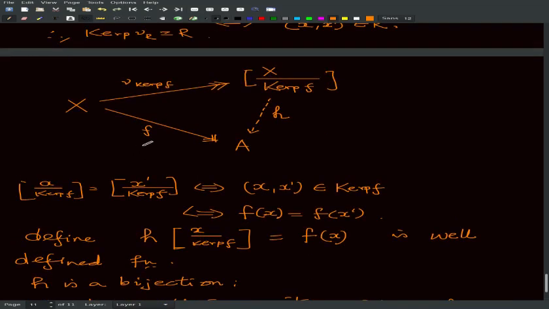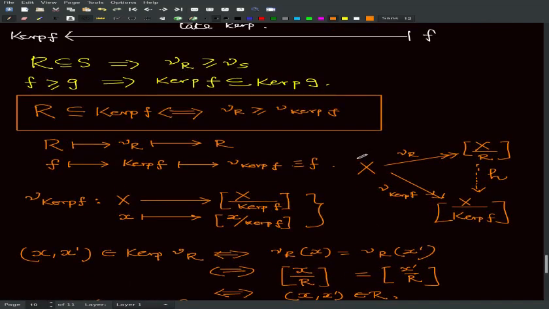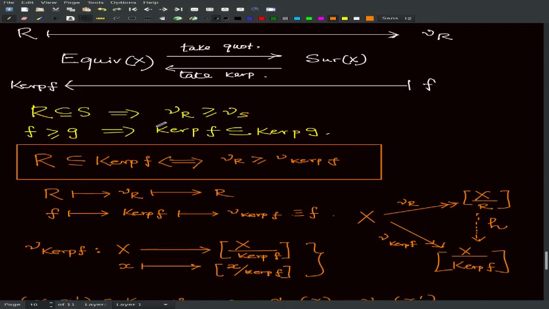So remember, in our comparison of things, we can say that F is larger than mu of kernel pair of F, and that is larger than this, that is, F is equivalent to mu of kernel pair of F. So the end story therefore is that there are two ways of looking into this.